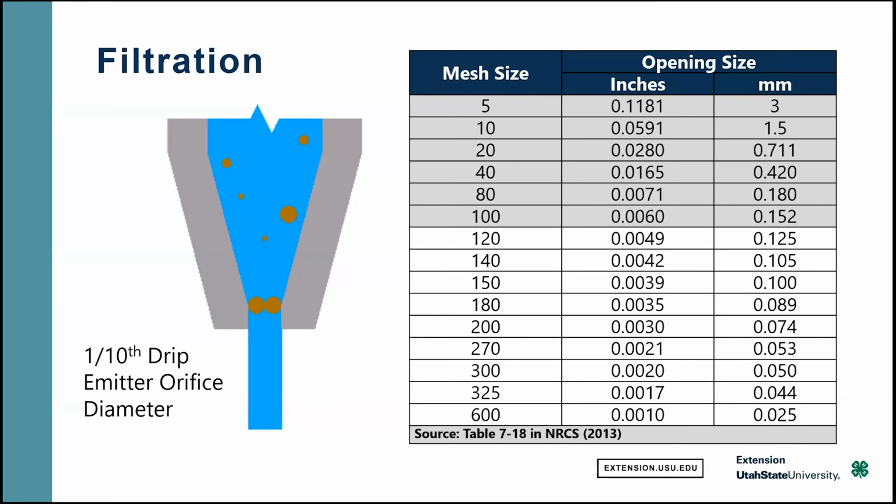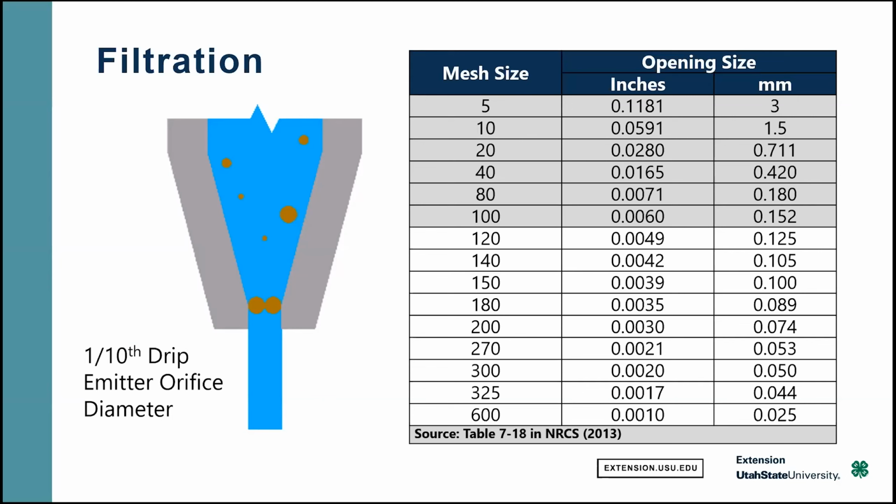We can get 2 or more particles coming together to clog the nozzle. So if we think about a sprinkler nozzle, maybe we have a sprinkler nozzle that is somewhere in the 1 to 3/16 inch range.